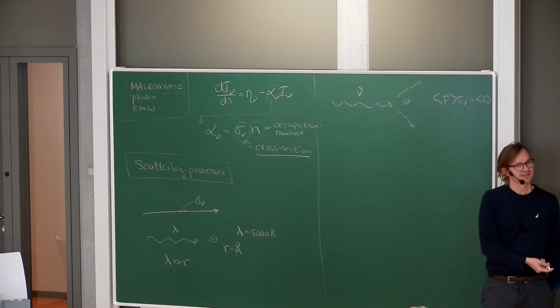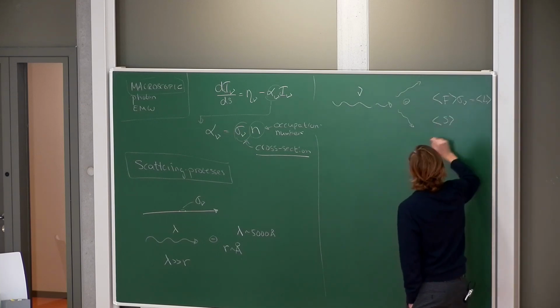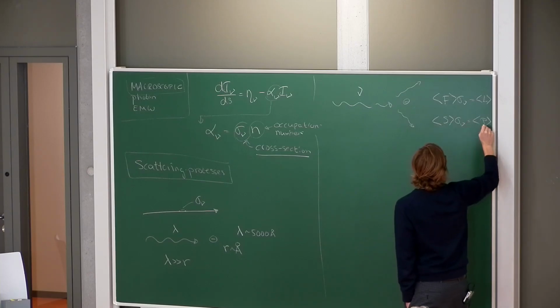Energy per unit second. But in this case, the incoming flux is often denoted by S, and sigma nu equals the emitting power.